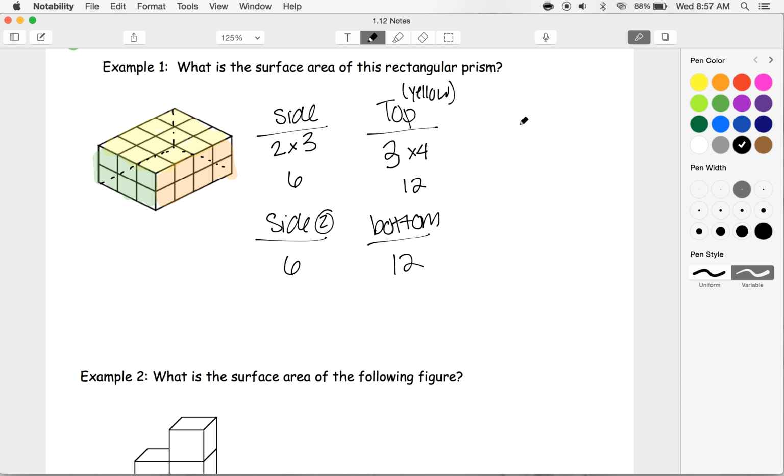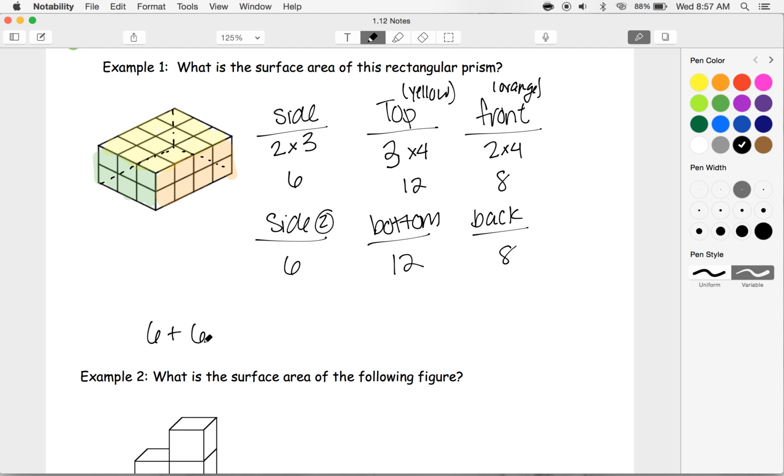Okay? And the last thing I'm going to talk about is what I'm calling the front, which is the orange in this case. That's this piece right here, also a rectangle, and it's 2 by 4. So 2 times 4, which gives me 8. Now I have a front, so I also have a back, and the back must be the same thing, so it's also going to be 8.